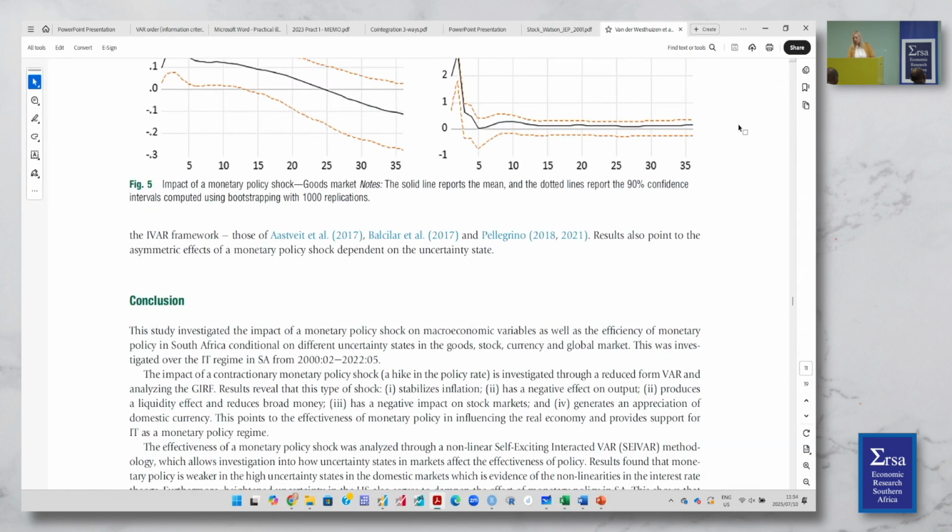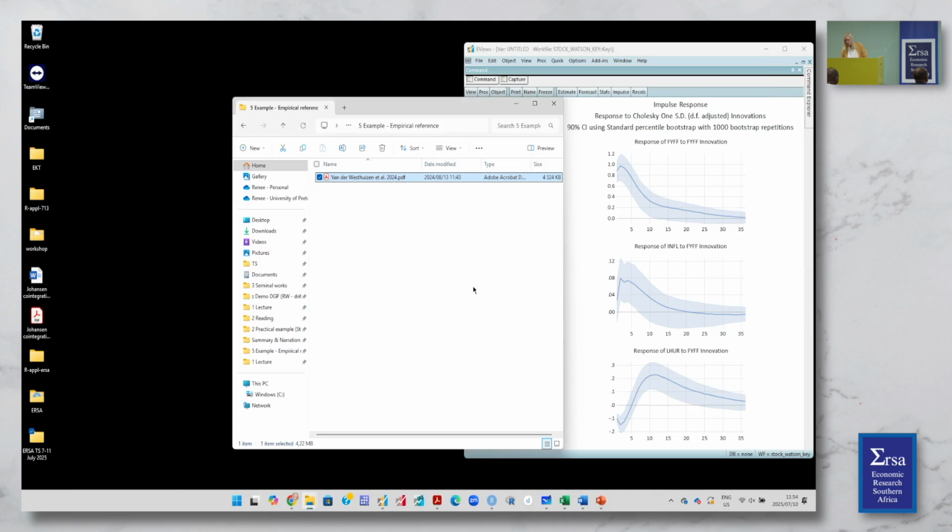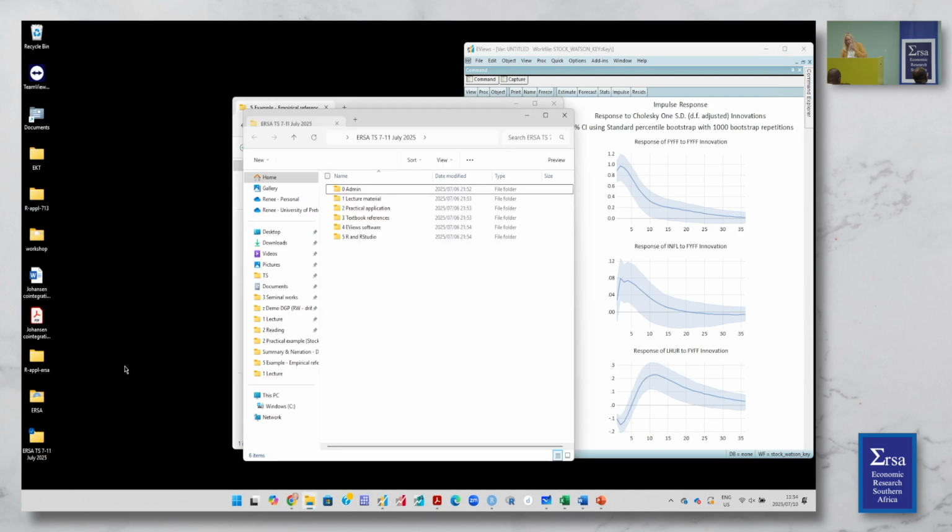And I think in the assignment we also tested global uncertainty, but I can maybe just quickly go to that low and high uncertainty periods so that we can see that.